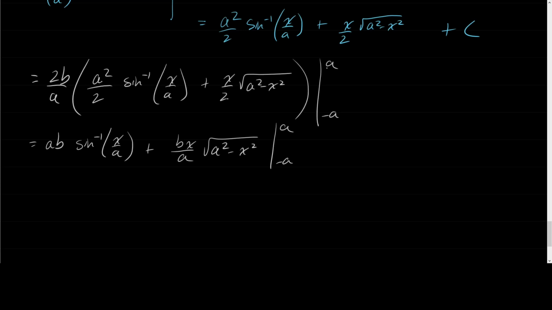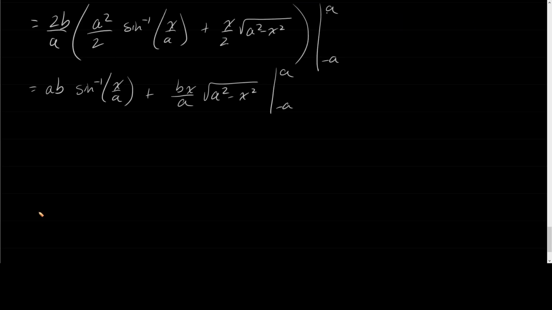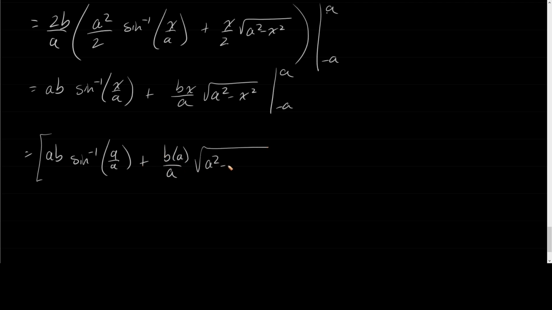So now let's evaluate this. Well, I need to plug in the top, then plug in the bottom. So let's plug in the top: ab times sine inverse of a over a plus b times a over a times the square root of a squared minus a squared.